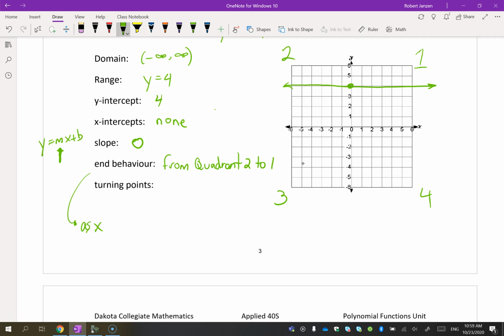As x, and we use this arrow, as x approaches infinity, y, or we'll say the graph moves to quadrant 1. Now this is a bit of a weird one because it's not rising or falling, but usually we can say as x moves to infinity, the graph is rising or falling. But for this one, we'll just leave it at that. There are no turning points.